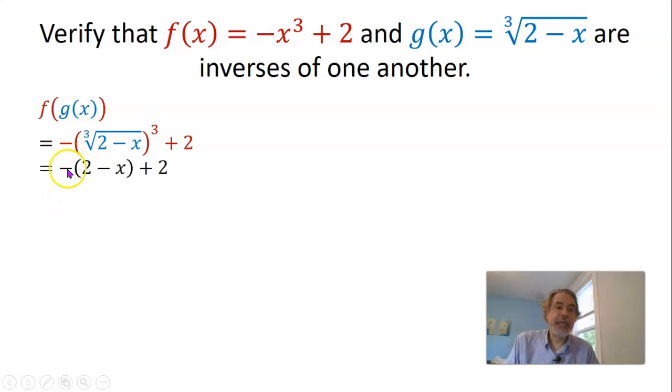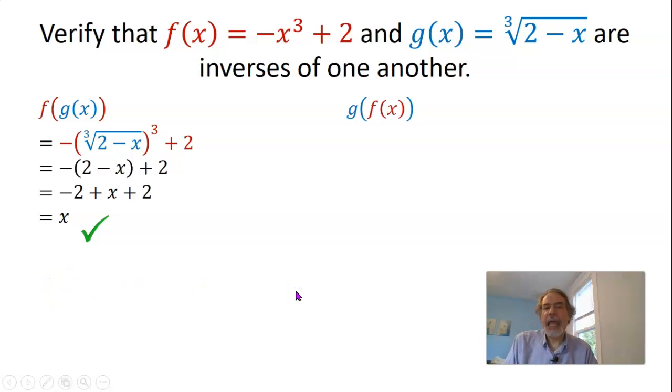So we have just negative (2 minus x) plus 2. The negative applies to the whole thing. Negative 2 and negative minus x, which is the same as plus positive x. And then negative 2 plus x plus 2. Well, the negative 2 and the positive 2 add up to 0. So really this is just x. So that checks out.